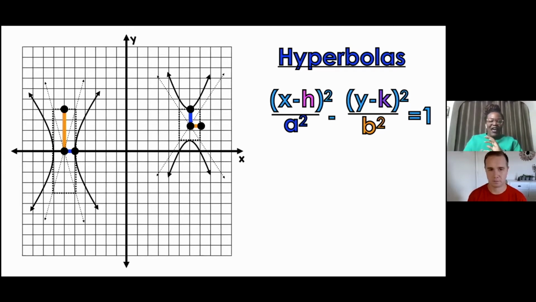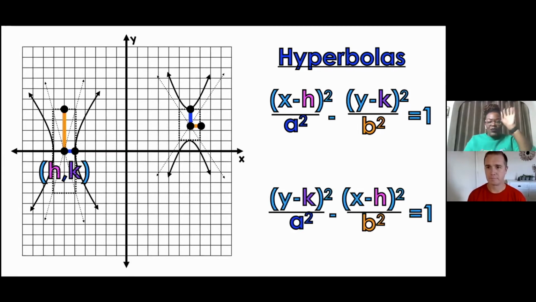But we have certain parts that we want to talk about. Our h and k is our center. Then we have our axes, so we have our a value, and then our b value. The a value is our blue, and the orange value is the b value.